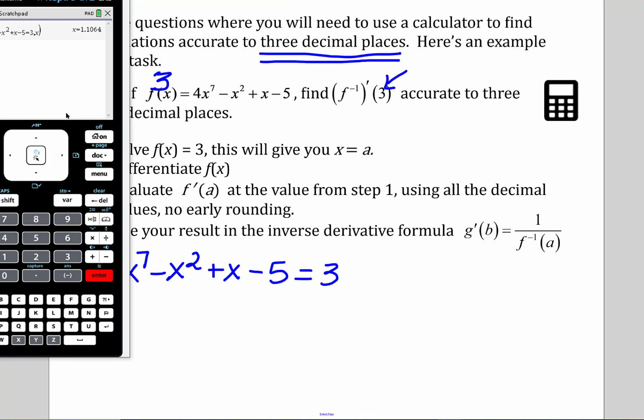So if you want to, you can store that. I'm storing it into letter A, and normally I would have more values than that. I didn't set my decimal display far enough, but we'll leave it at that for a minute.